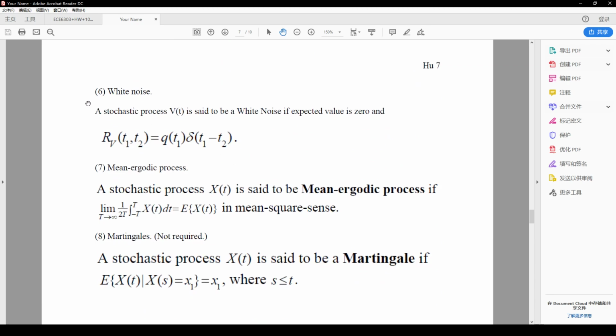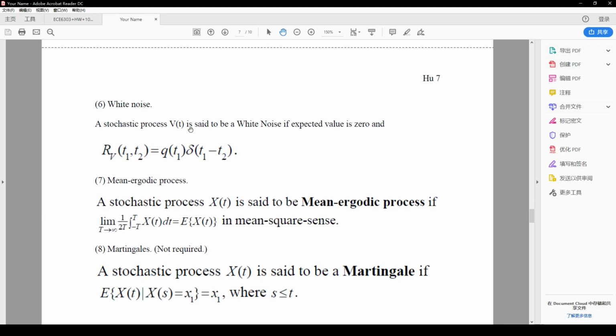Okay. And then it's the white noise. The white noise is defined as having expected value 0. So the mean value for the white noise is always 0, and the autocorrelation is q(t1) times the delta function of t1 minus t2.